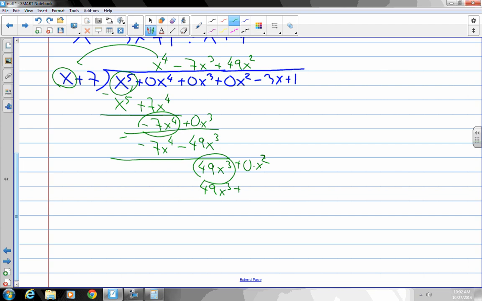What is it, 343? Is that right? Subtract, we get negative 343x squared. Is that right? Then divide again. It is negative 343x.